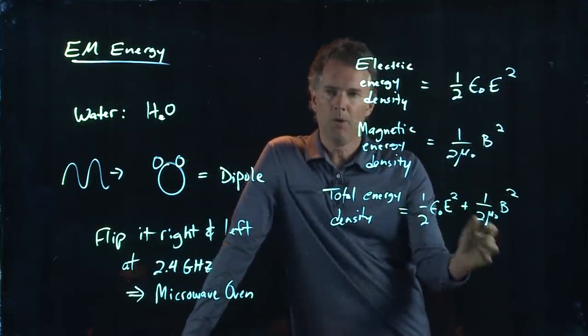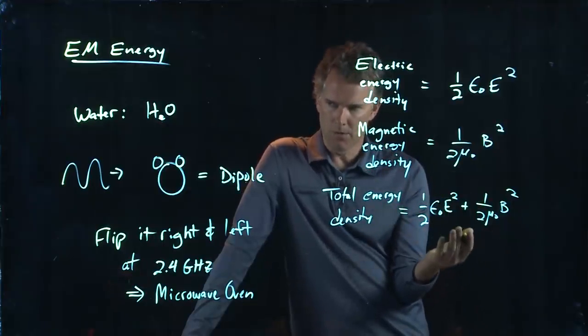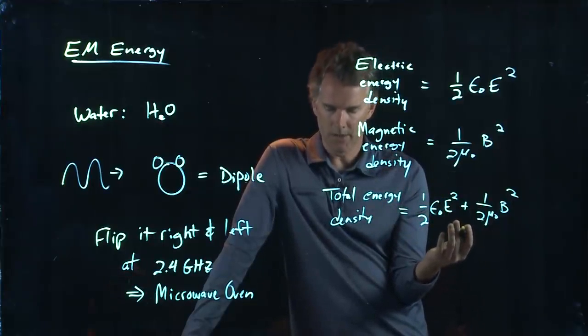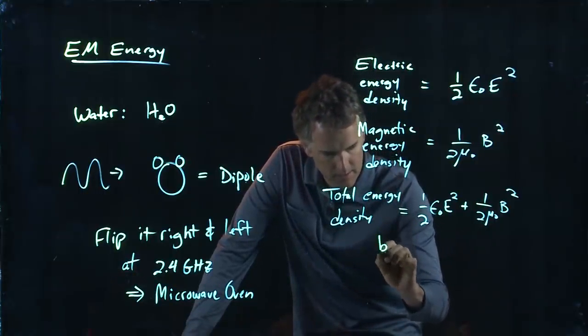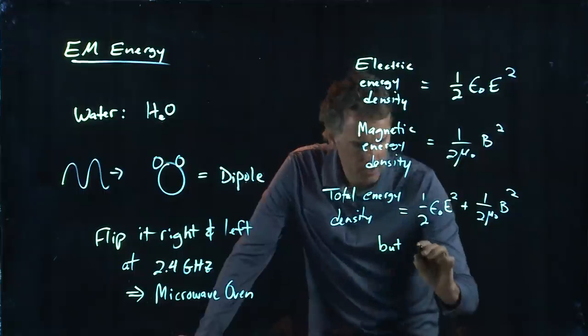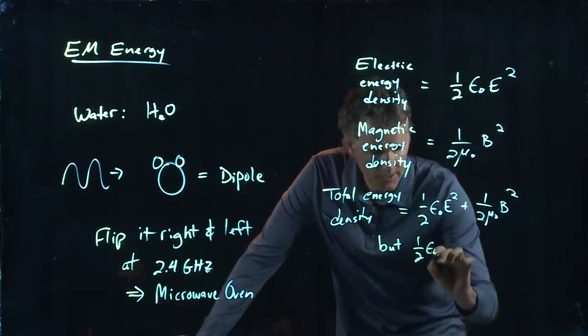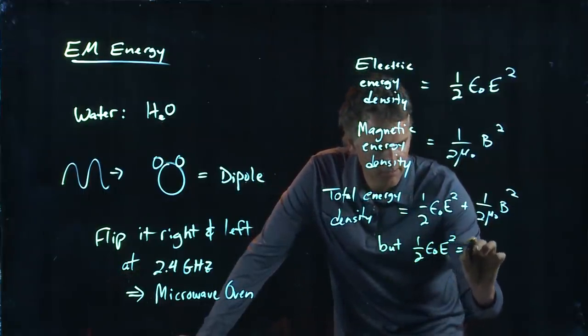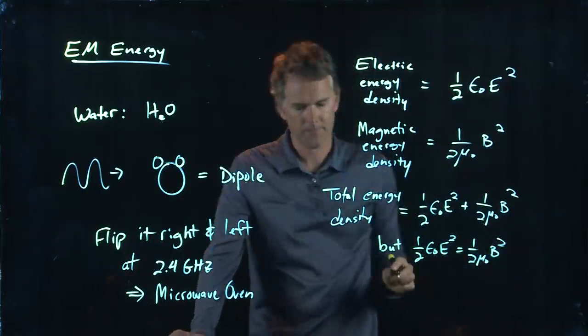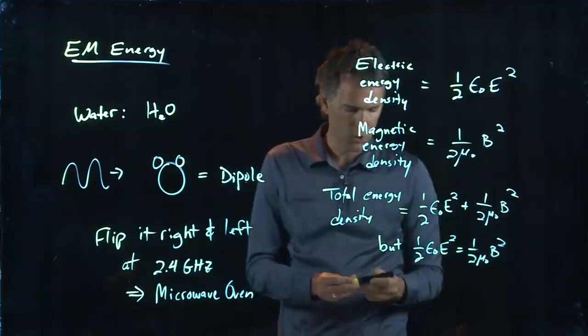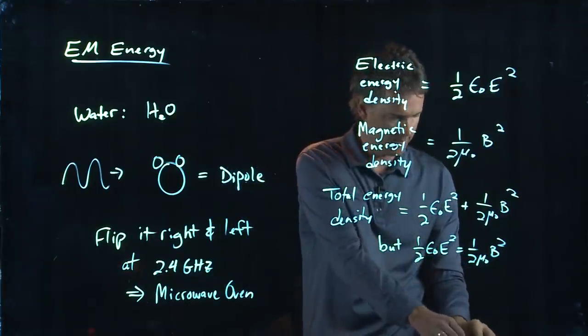But the two components have equal contribution to the overall energy density. And so we have the caveat that the electric energy density is in fact equal to the magnetic energy density. And so we can write the total energy in that wave.